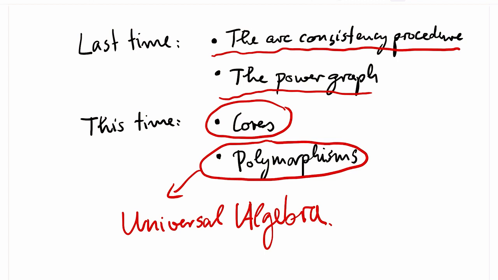Okay, so let's get started. Let's have a look at the following graph, G. If you want to study the computational complexity of CSP of G, very often the following observation can be useful.